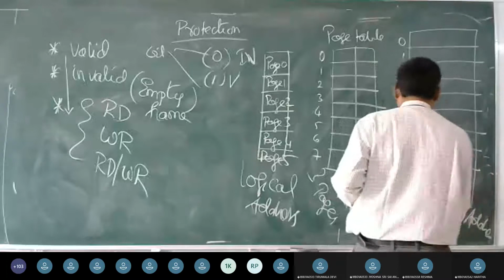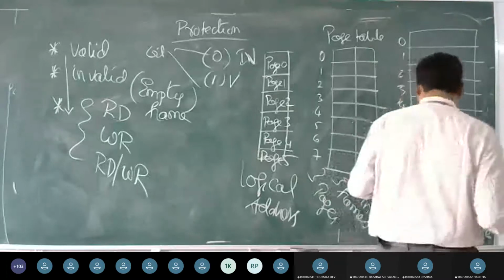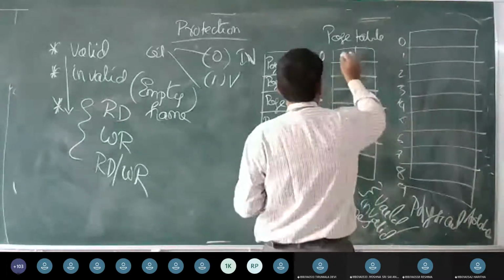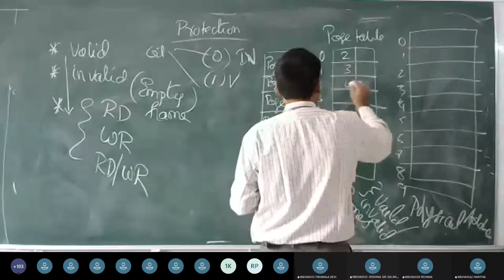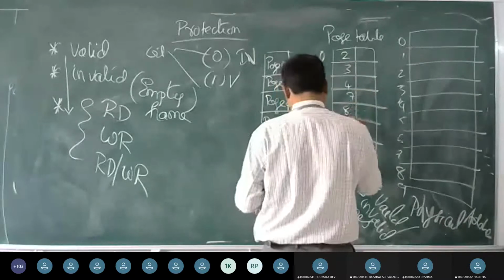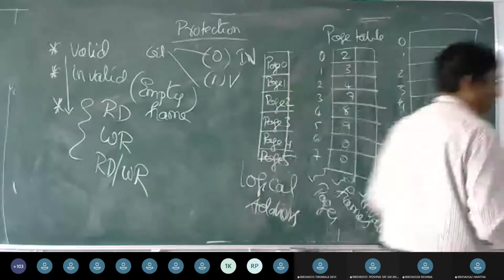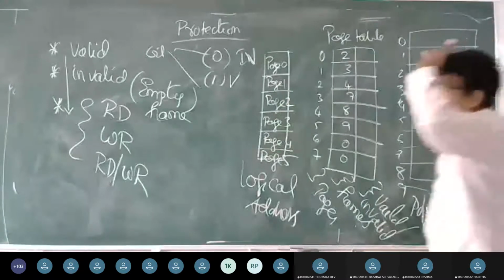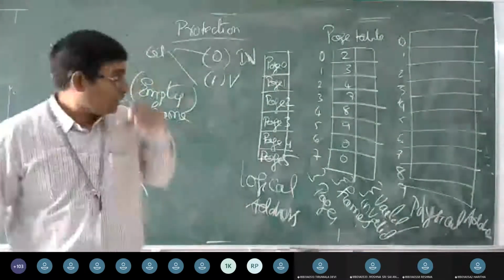If such is the scenario, we are going to work it out. So assume 0, 2, 3, 4, 7, 8, 9, 0, and 6. This was the scenario we are going to take up.